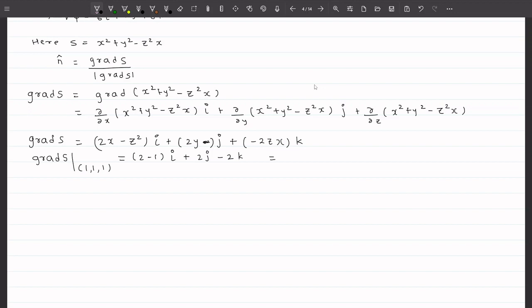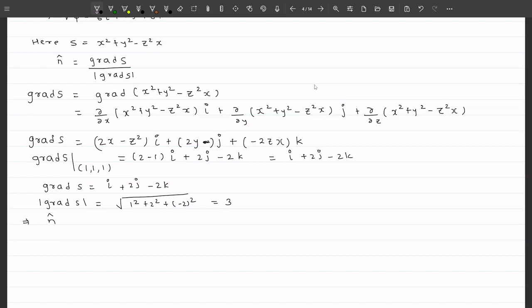So basically it is i + 2j − 2k. Correct? So gradient of S is equal to i + 2j − 2k. Modulus of gradient of S is equal to square root of 1² + 2² + (−2)². 4 plus 4, 8 plus 1, 9. So it is 3.